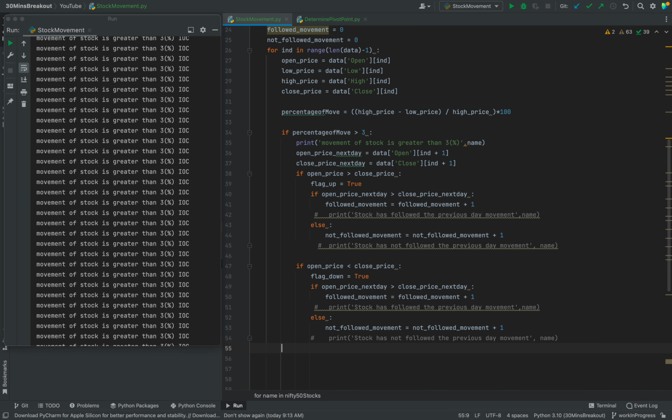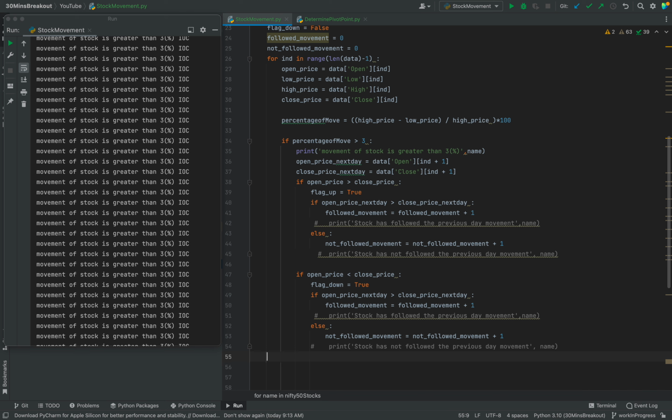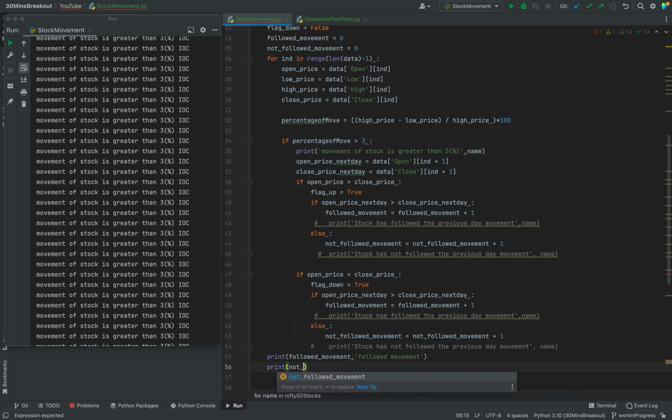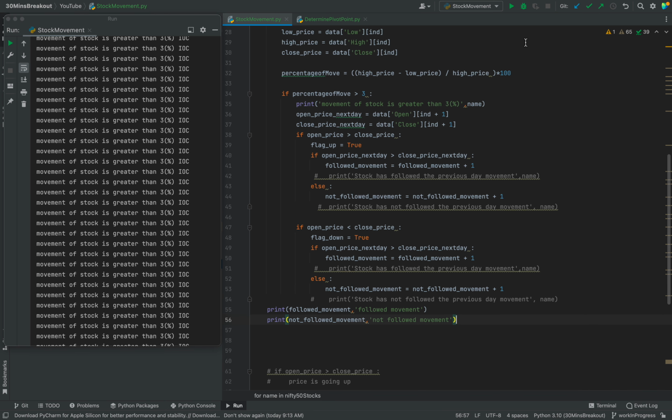Here we will print followed. So let us run the code.